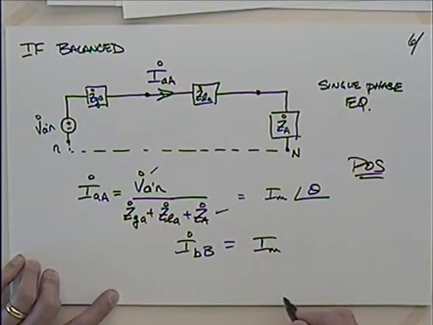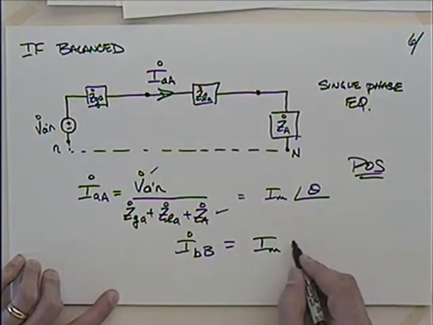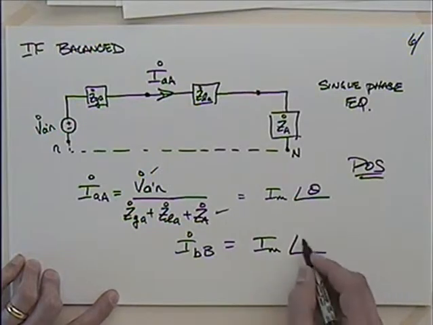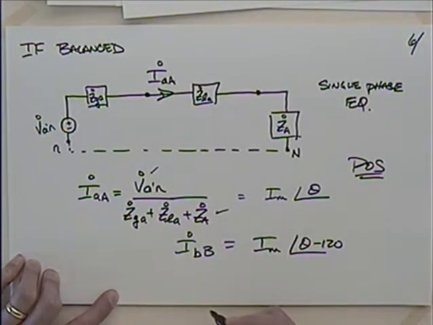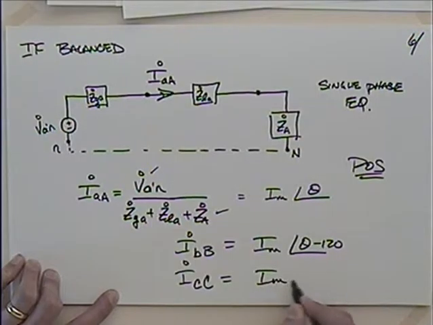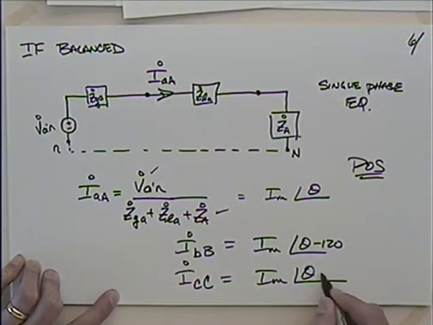It's going to be the same magnitude, isn't it? And what's the angle? Theta minus 120. And then how about I_cC? Same magnitude, angle theta plus 120?